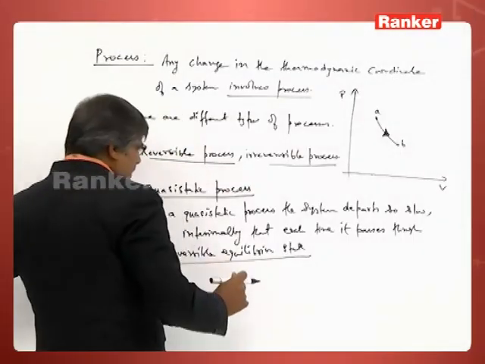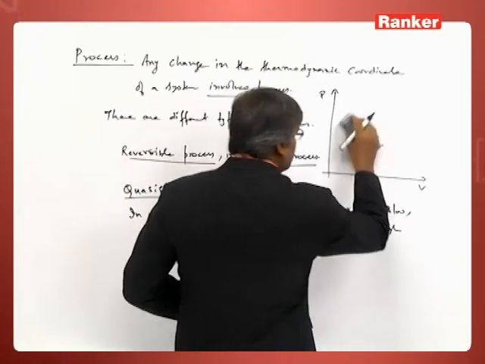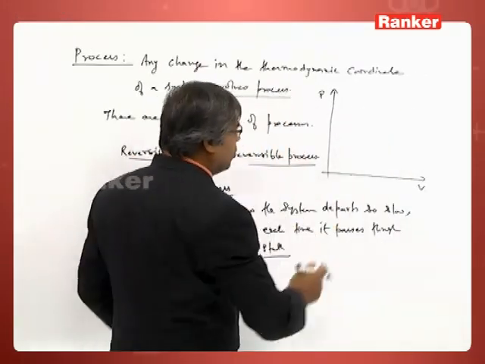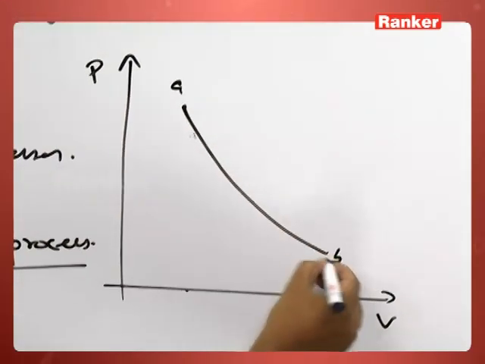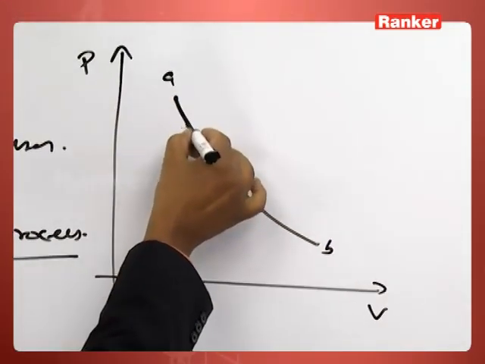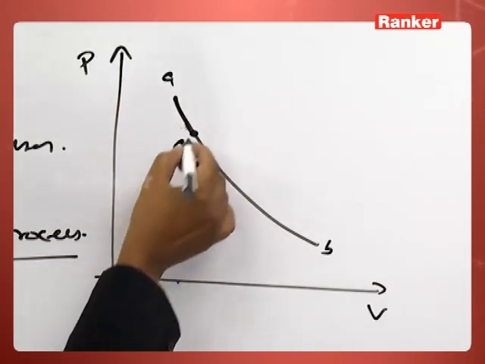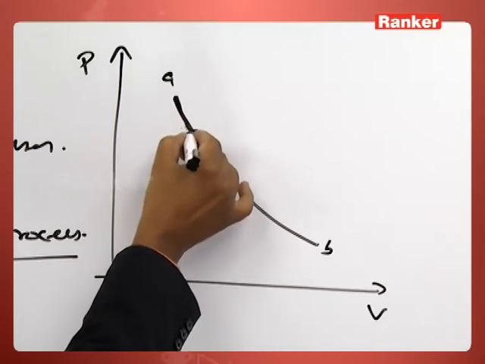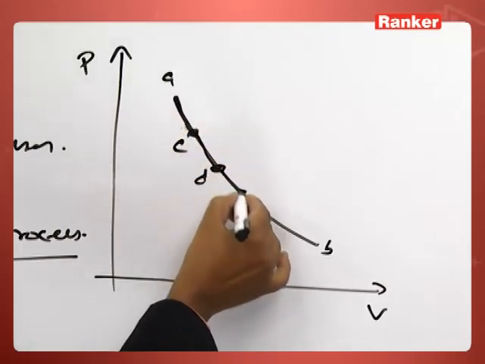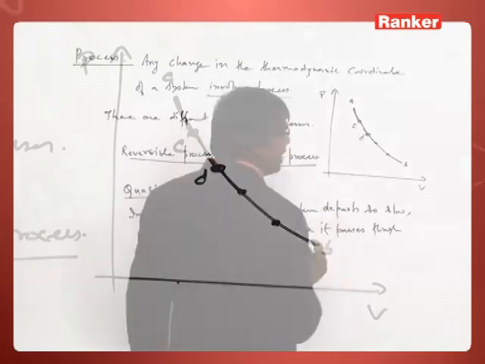That means the system is carried out very slowly. So suppose I have to carry our system from A to B. So I will just move from A to C then C to D. So A to C, these are equilibrium states. Intermediate steps are involved.